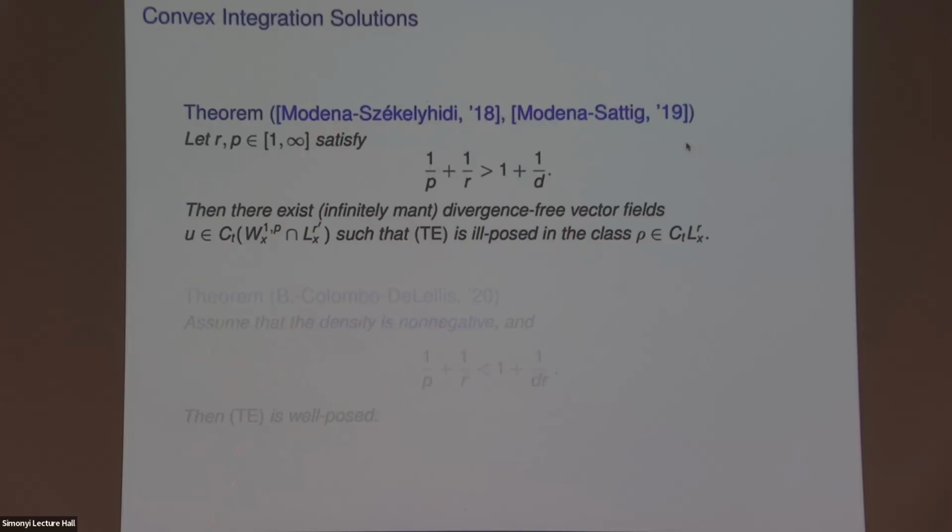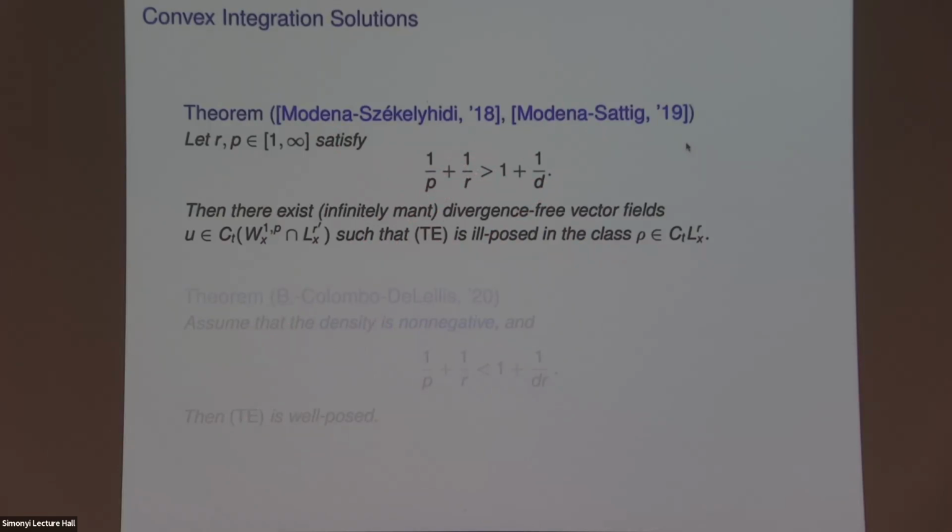Then there is a convex integration result. By using convex integration, it is possible to show that when 1/p + 1/r is bigger than 1 + 1/d, where d again is the dimension of the domain, one can construct convex integration solutions. In particular, the problem is very flexible.